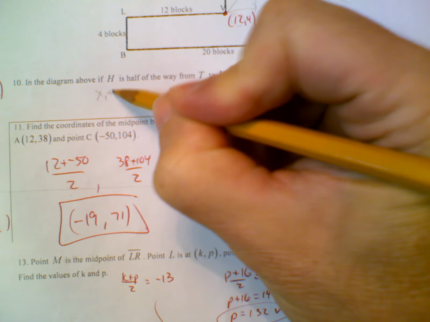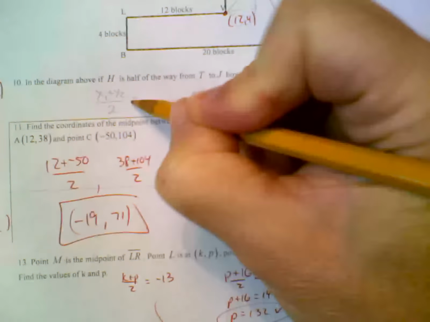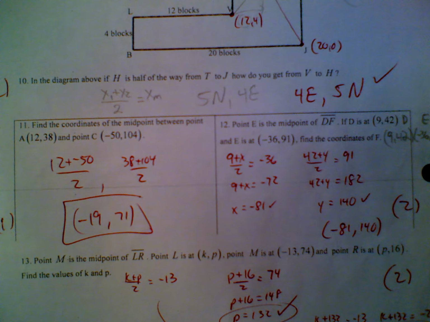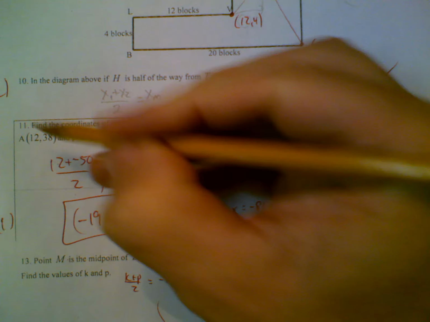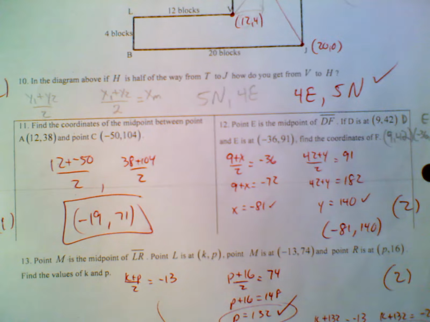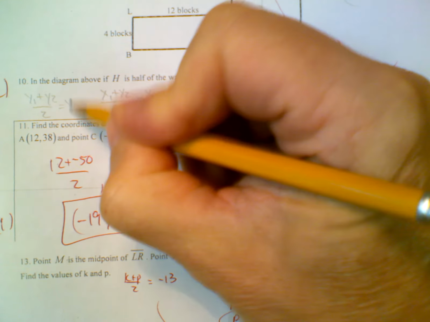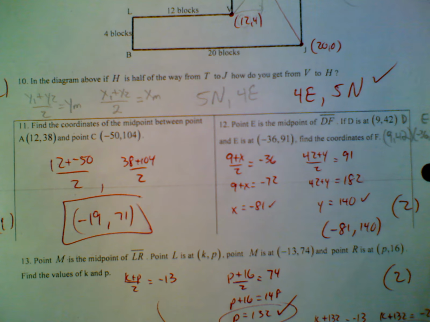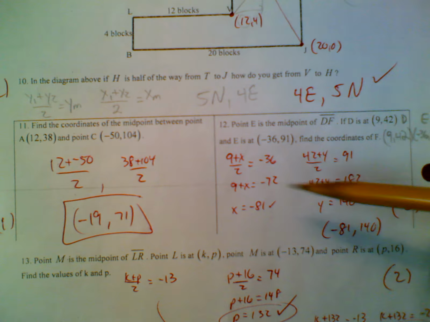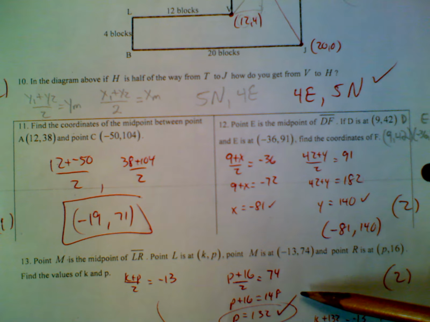If you add up the x-coordinates of a couple of endpoints and divide by 2, you get the x-coordinate at the midpoint. And if you add up the y-coordinates of the endpoints and divide by 2, I think I forgot to say that with the x's, you'll get the y-coordinate of the midpoint. Using these formulas makes all 3 of these problems very straightforward.